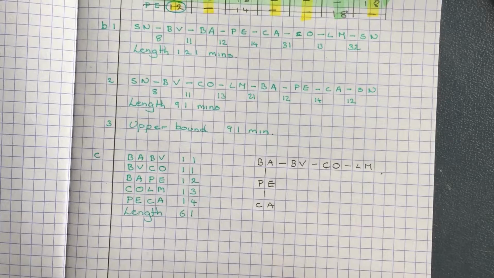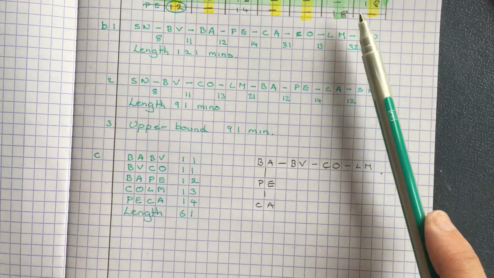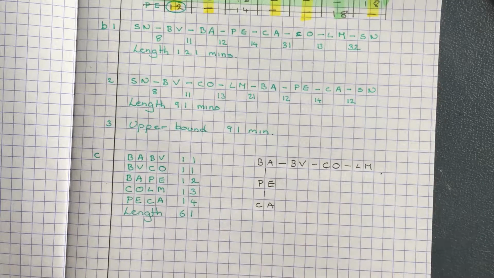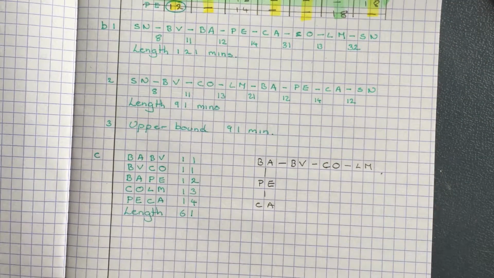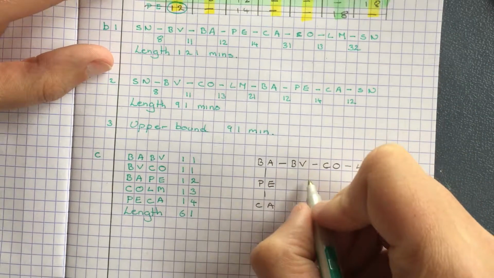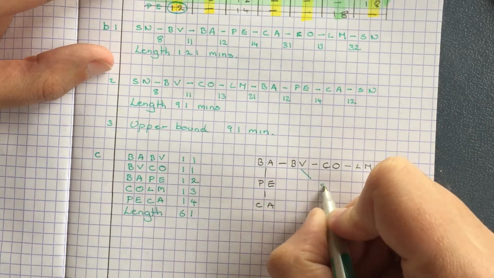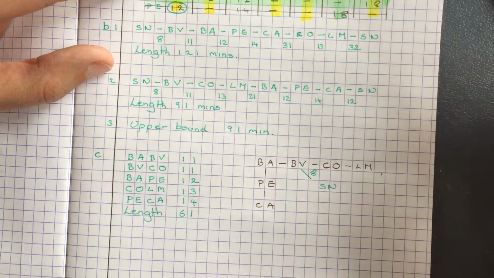Now this particular one asks us for our lower bound. So for our lower bound, we have to add back in SN. If we look down SN, we need to pick the two smallest things that are in SN. The two smallest things are 8 and 12. So we will add in SN. The 8 goes to BV and the 12 goes to CA.